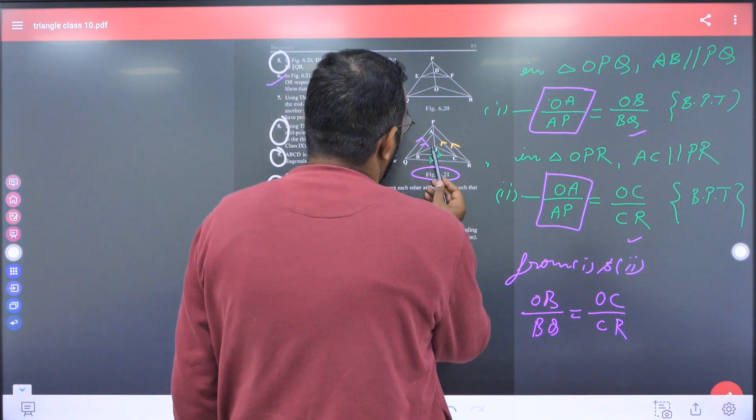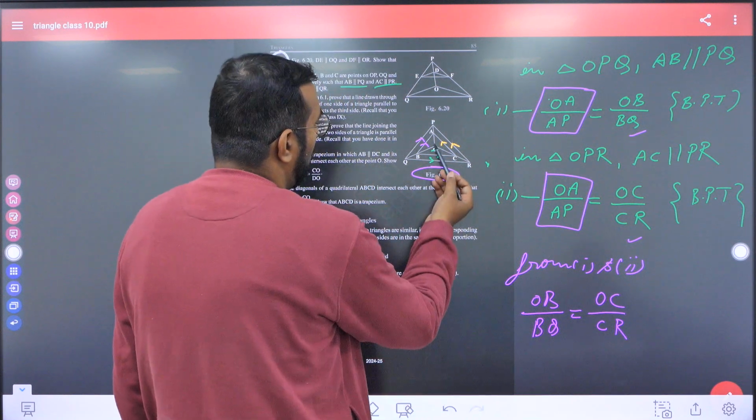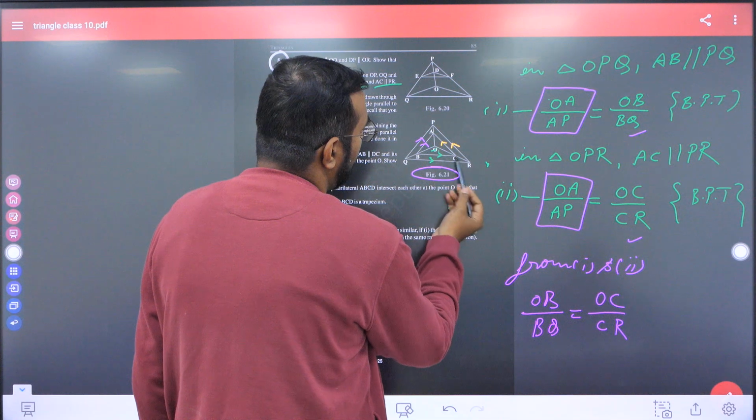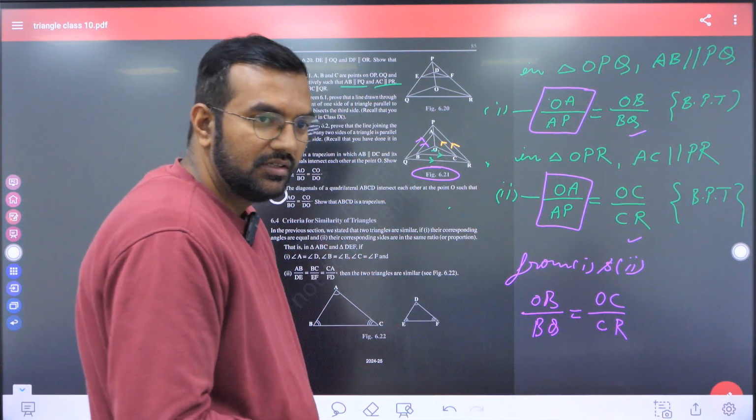Now OB upon BQ, let's see in triangle OQR, OB upon BQ is equal to OC upon CR, that means BC is parallel to QR by converse of BPT.